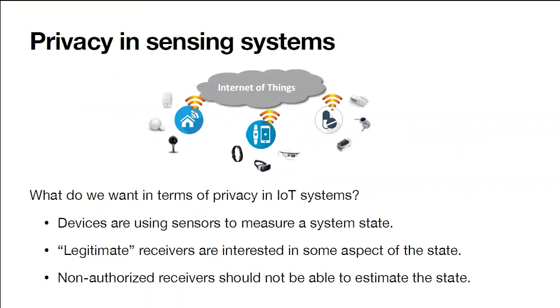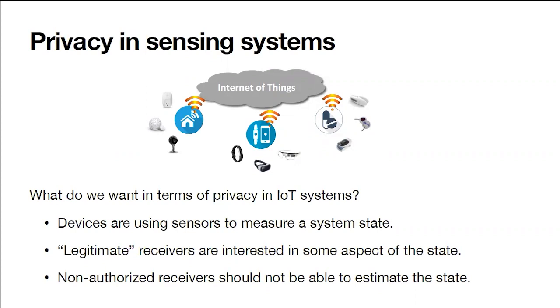So to set the stage, I've worked a lot on differential privacy in the context of just learning a single machine learning model. But here, what I'm trying to think about is that we have a bunch of devices which are trying to measure a system state, and the legitimate receivers are interested only in some aspect of the state.